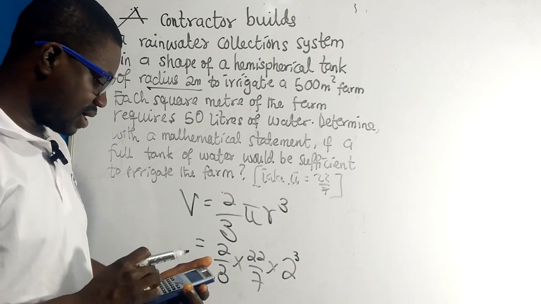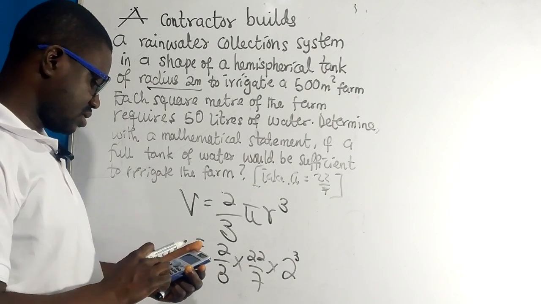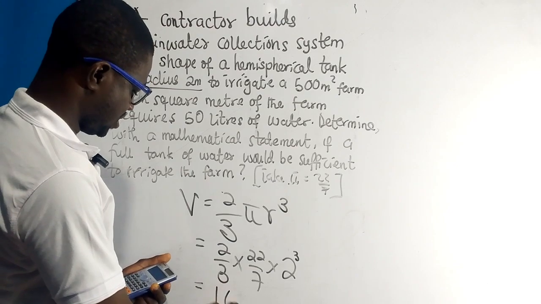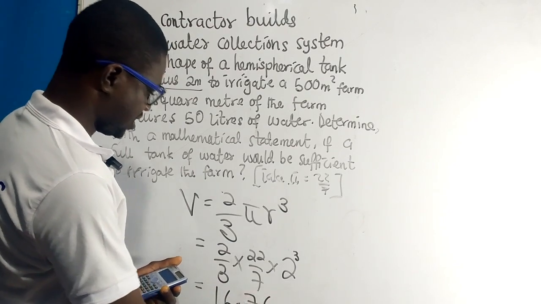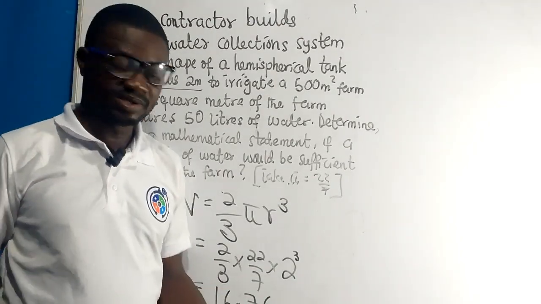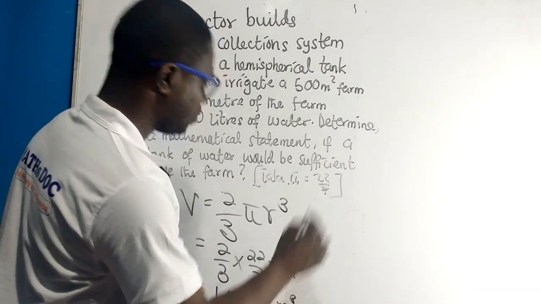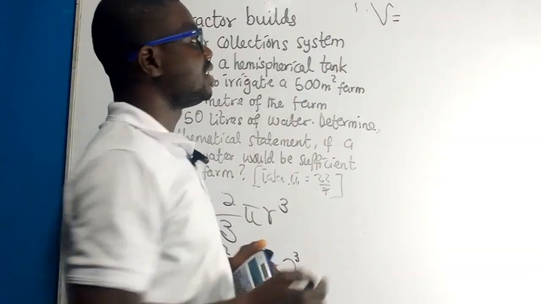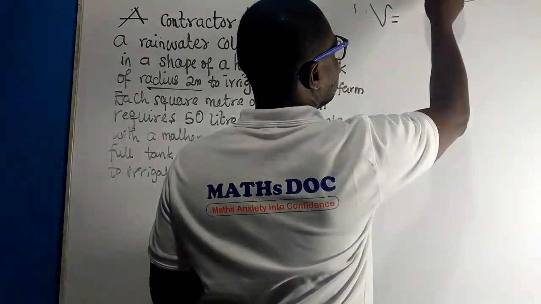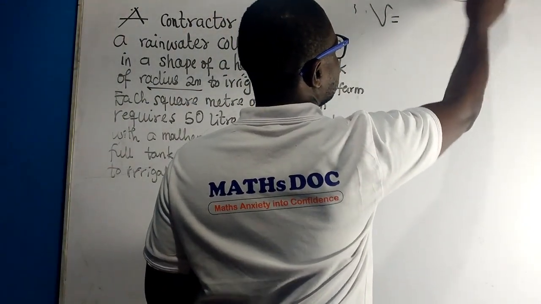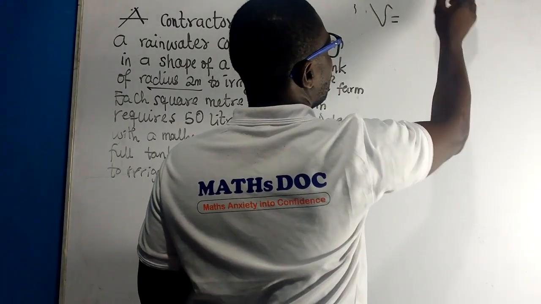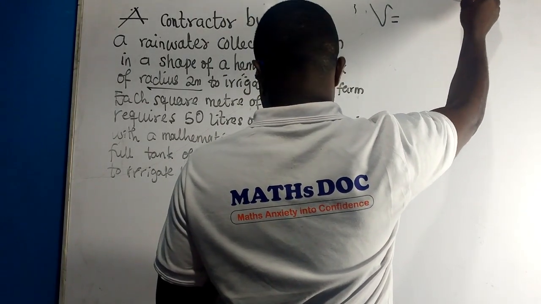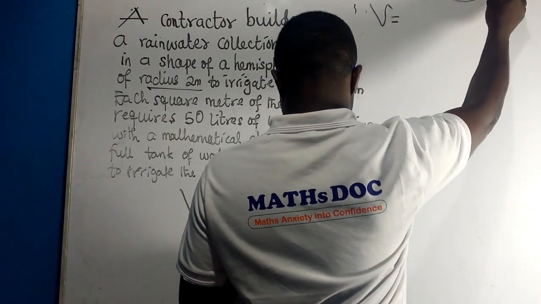And we are getting our value to be 16.76 meter cube. So we know that the volume or the quantity of water this hemispherical container is holding is 16.76 meter cube.